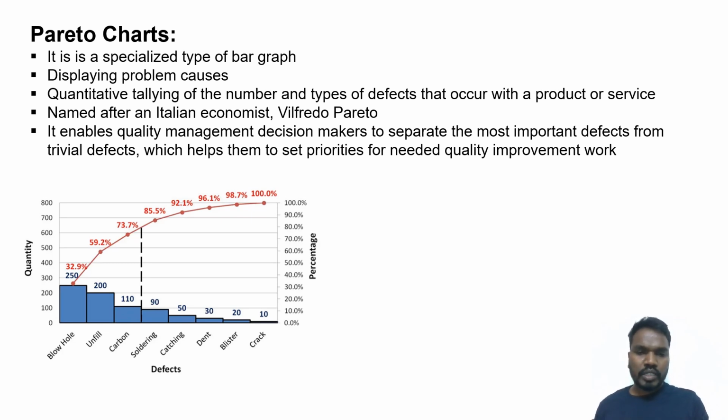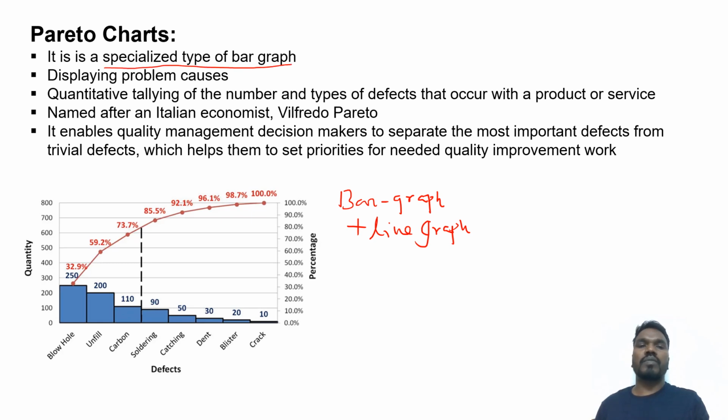So the Pareto chart is a combination of a bar graph plus a line graph, right? These Pareto charts consist of a bar graph, so they are just a specialized type of bar graph, right?